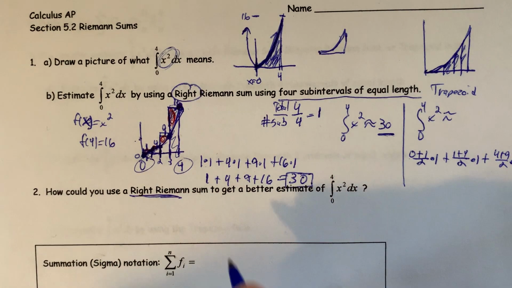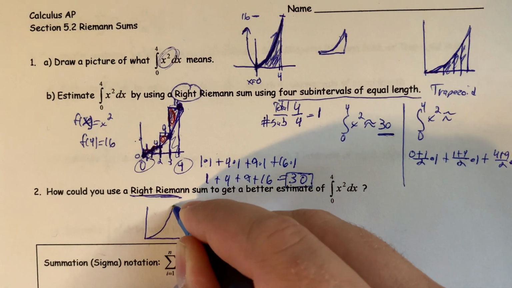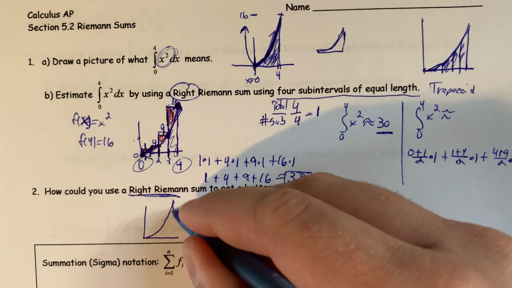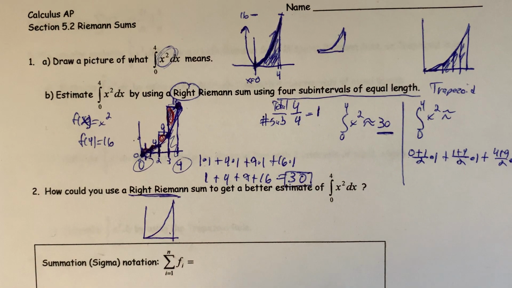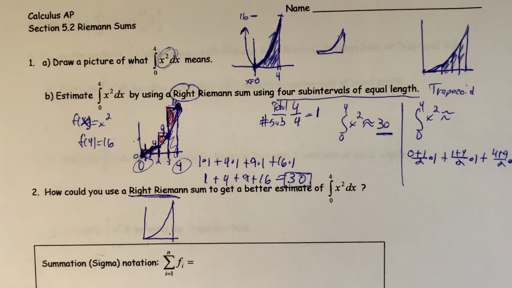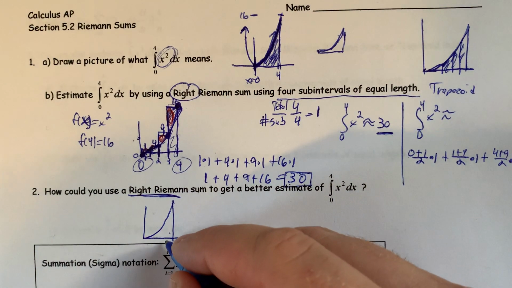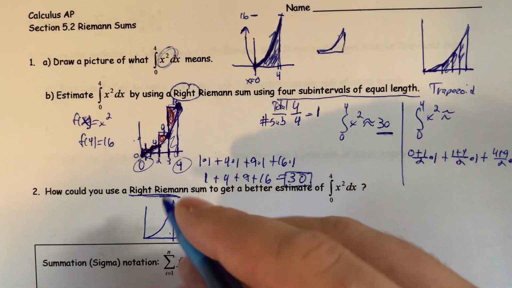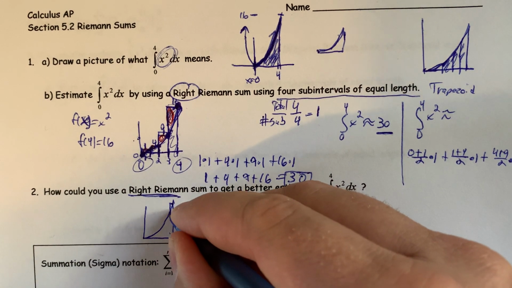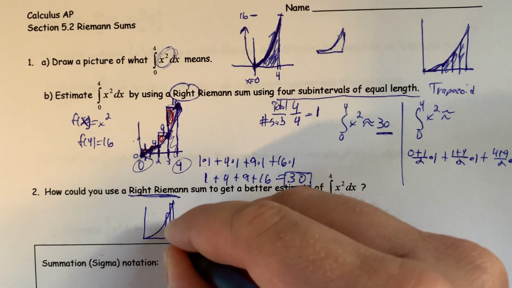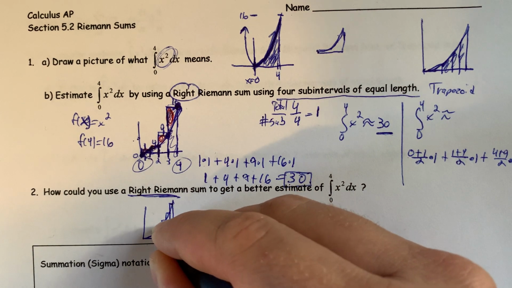How could you use a right Riemann sum? We used a right Riemann sum and we got 30. How could you use a right Riemann sum to get a better estimate of this integral? The trick is, we could get a better estimate if instead of having 4 subintervals, which has, look at that huge overestimate, what if we made more subintervals that were off by less?